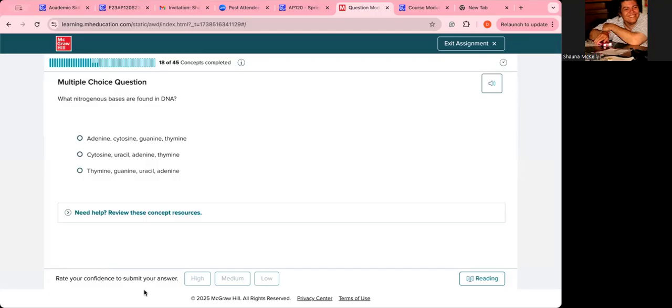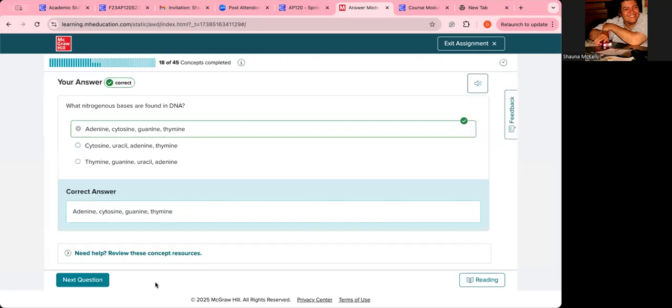Adenine, cytosine, guanine, and thymine. Cytosine, uracil, adenine, and thymine. Thymine, guanine, uracil, and adenine. It's the first one. Adenine, cytosine, guanine, and thymine. Okay.